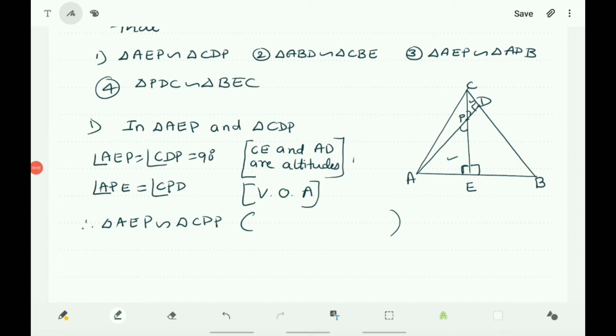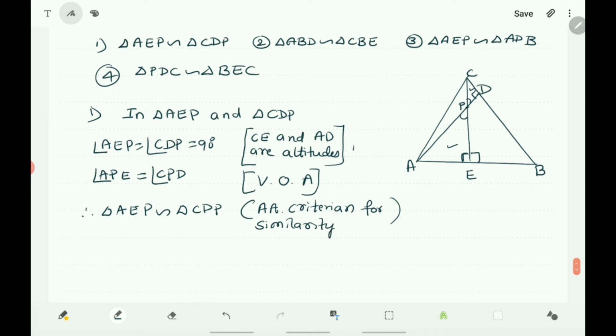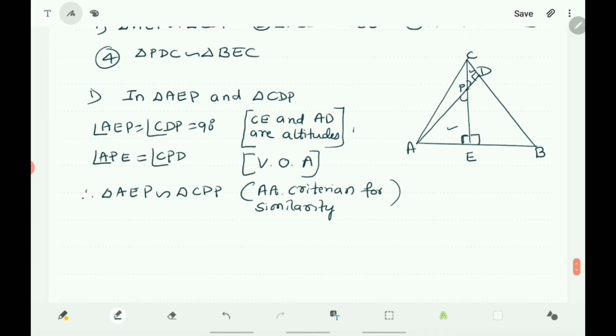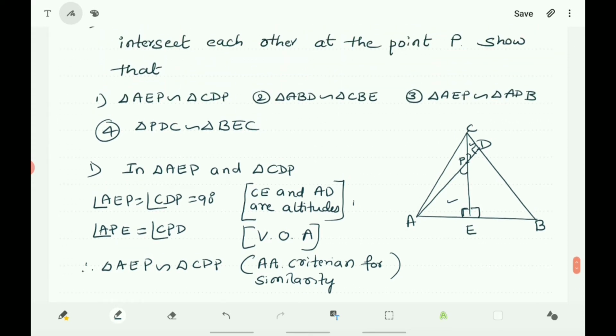Similarity criterion used here is AA similarity criterion. AA criterion for similarity of triangles. So you got one pair of similar triangles.